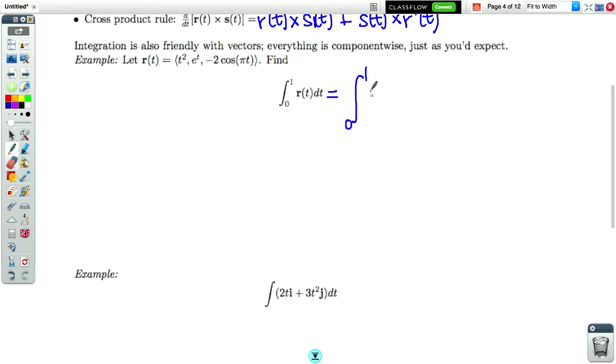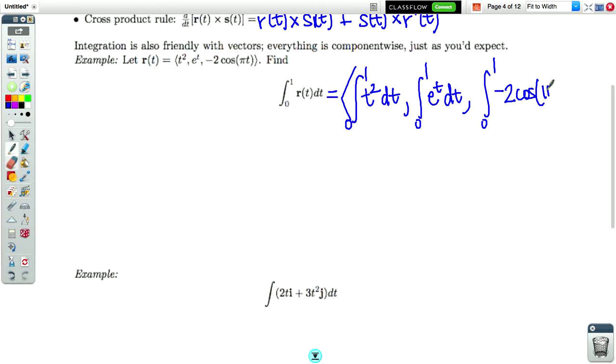So this is the integral from 0 to 1 of t squared dt, that's my first component. The integral from 0 to 1 of e to the t is my second component, and then the third component, integral from 0 to 1 of -2 cosine of pi t dt, just component by component.